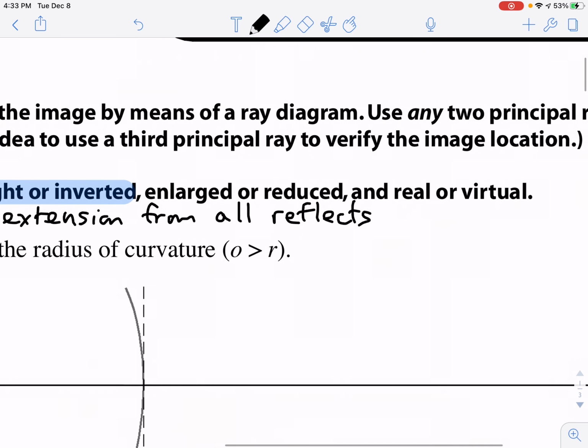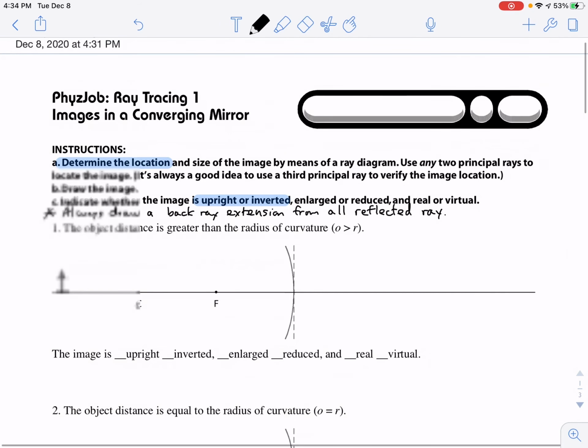So all reflected rays are going to have this virtual ray extension leading back into the mirror. I call that a back ray. So every time we draw a reflected ray, we're going to draw a back ray.